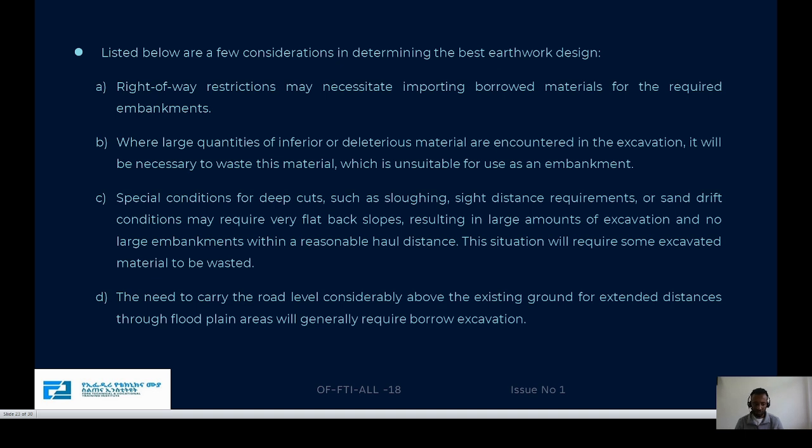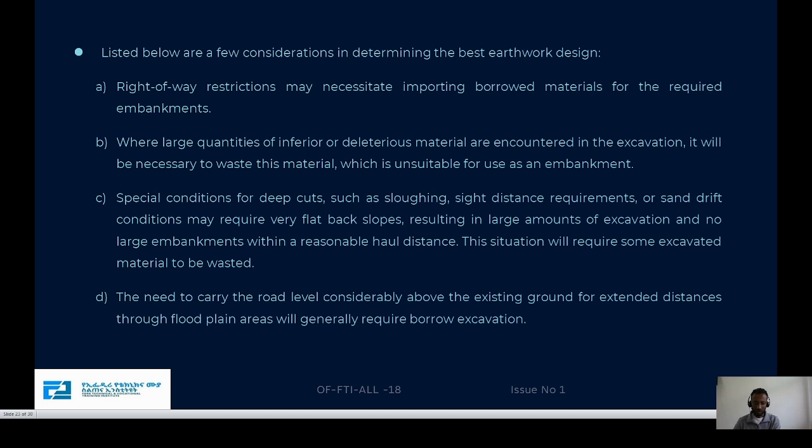This deep cutting has a large amount of embankment, so these are reasonable haul distances. In this situation, some excavated material will be wasted, and also if we need to carry the road levels above the existing ground through flooding, it will generally require borrow excavation.